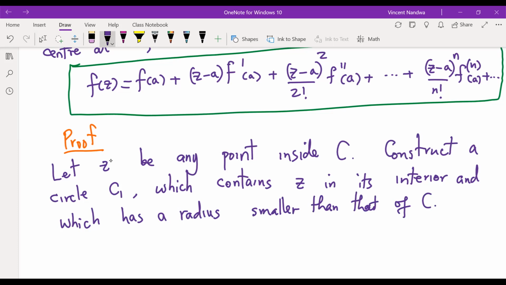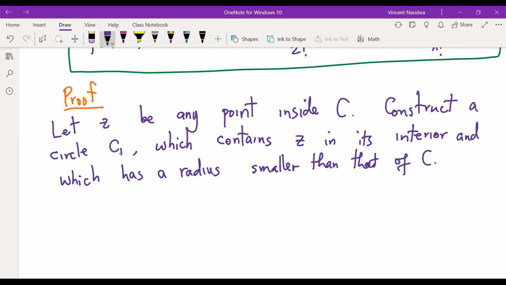So this is the main circle, C. So we have a point z within this circle C. We construct another circle C1 inside this main circle.